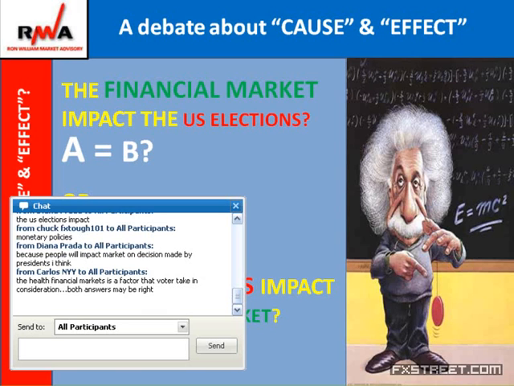I mean, there is a feedback loop between both of these causes and effects, and that's just generally the philosophy of this question, or the challenge of this question. There's no right or wrong answer really, but I do want to make a point of focusing on what Carlos has said, saying that the health of the financial market is a factor that voters take into consideration. Both answers might be right.